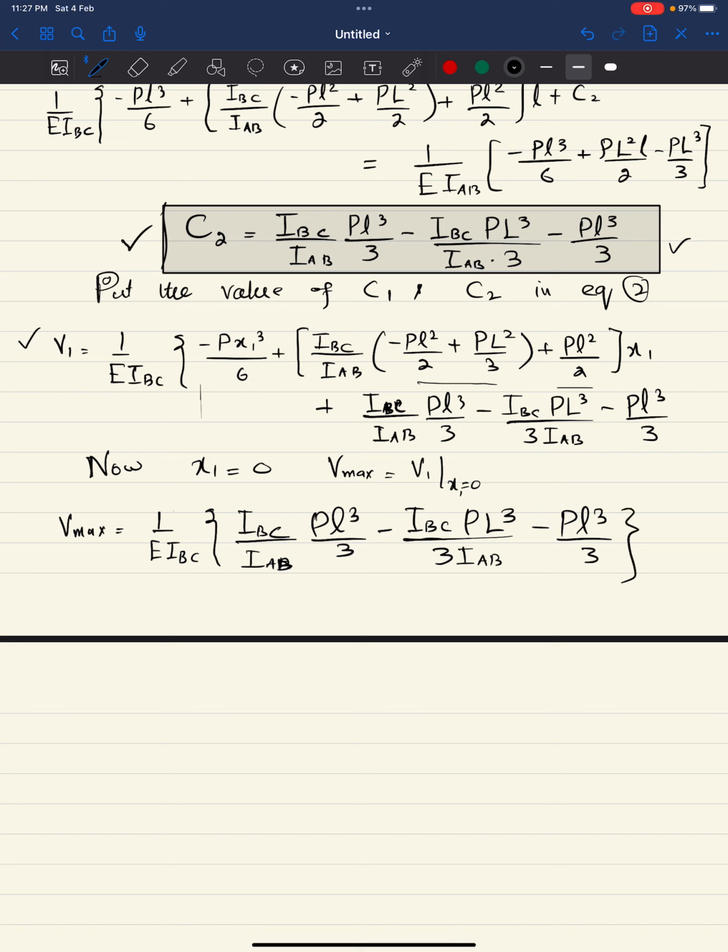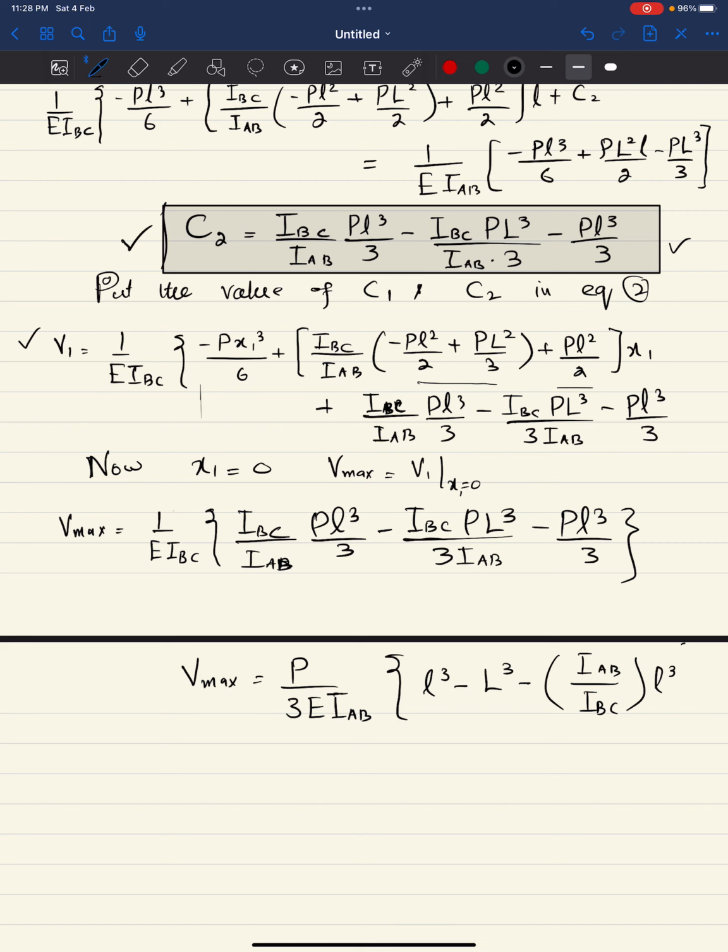So you can take some terms common, and what you will get is that Vmax is equal to P over 3E IAB into L cube minus L cube minus IAB over IBC. I have already solved this.